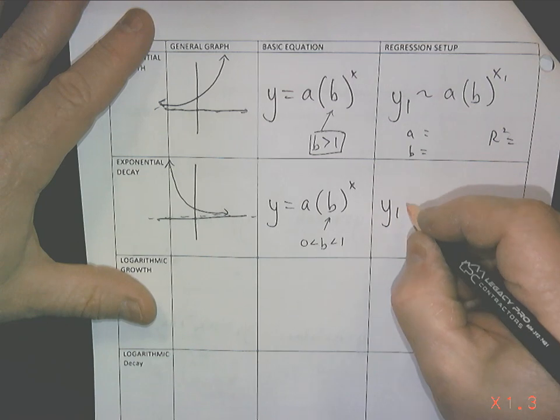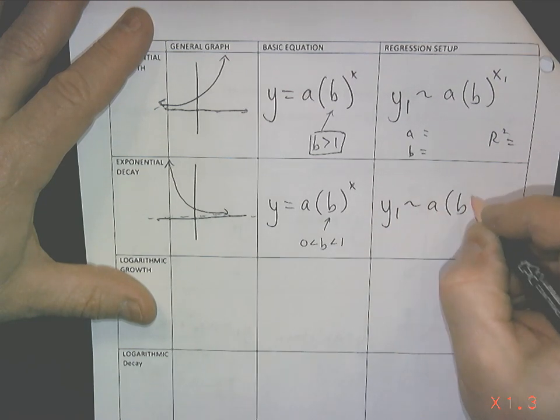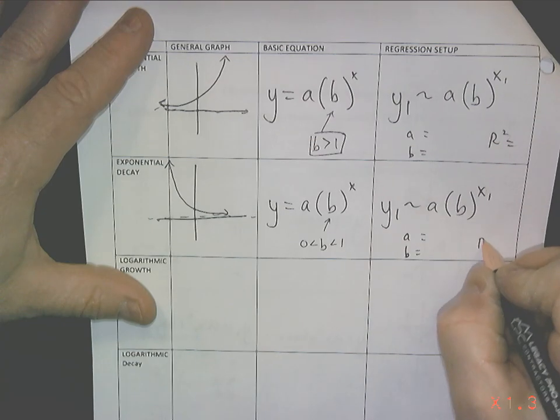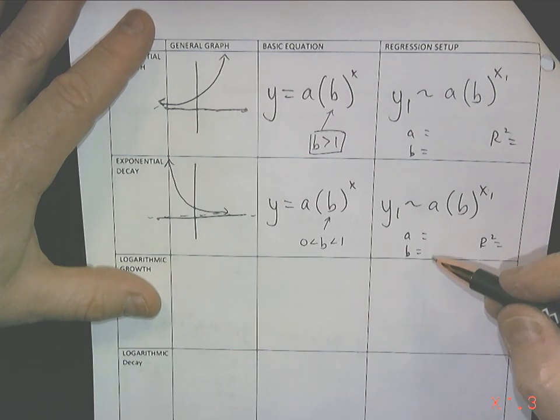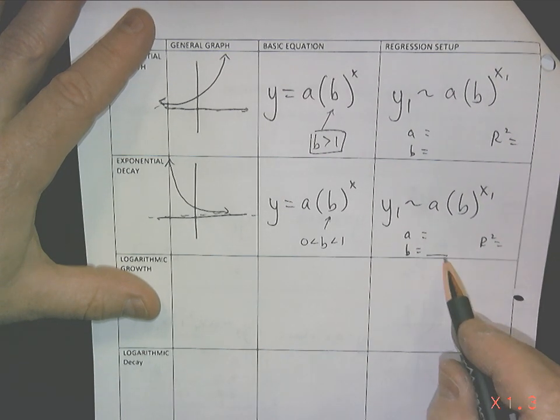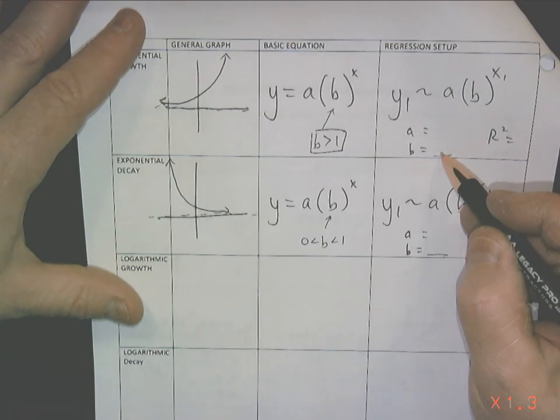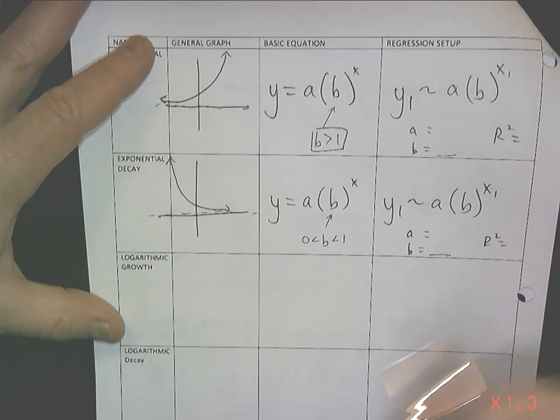And it has the same formula like this. It'll have an a and a b and an r squared. Just this b value here is going to be between 0 and 1. This b value here bigger than 1.